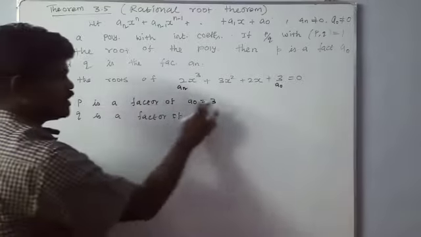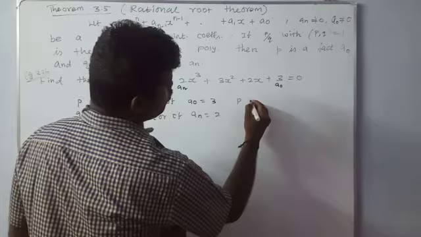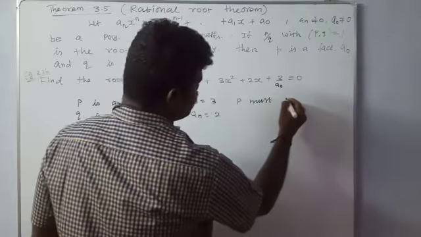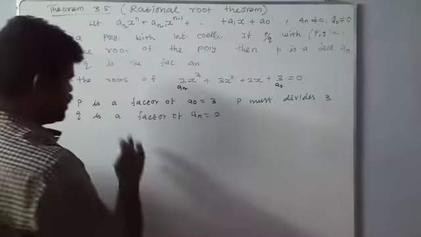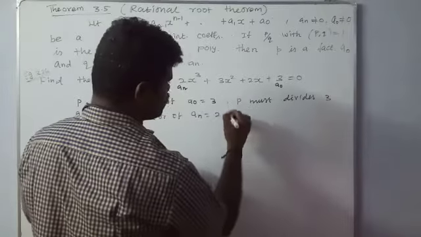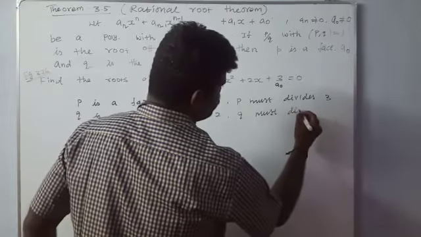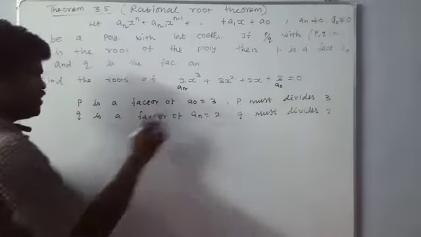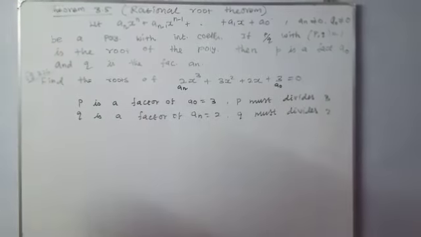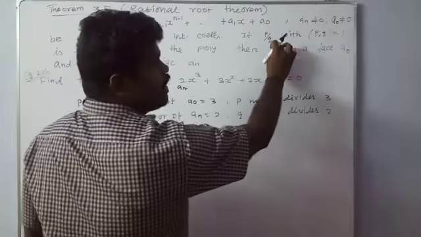So p is a factor of 3, so p must divide 3, and q must divide 2. Because p is a factor of 3 and q is a factor of 2, we want to find p by q form with gcd of p and q equal to 1.